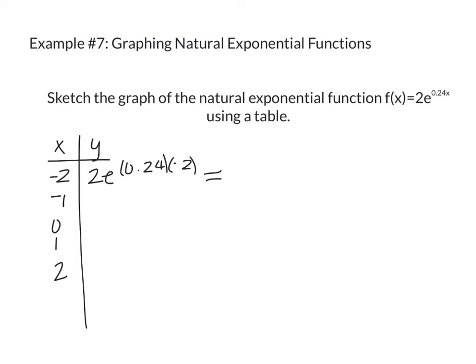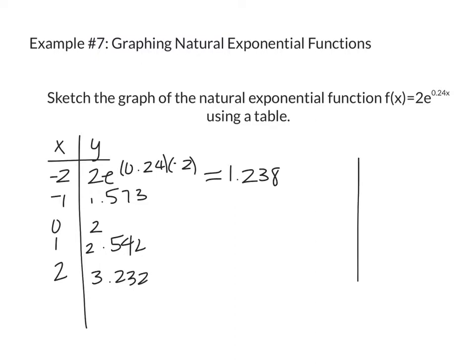That value is about 1.238. If I did the same for the rest, I'd have about 1.573, and these aren't exact, they're just estimates. Then 2, then 2.532, and then 3.232.